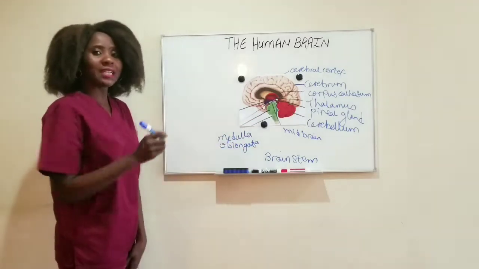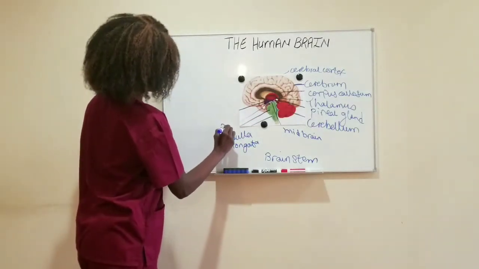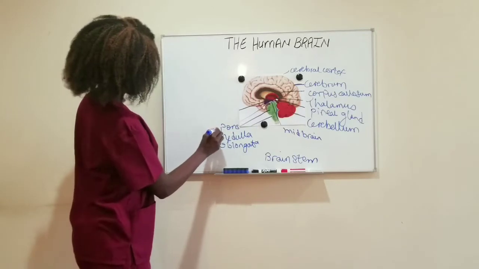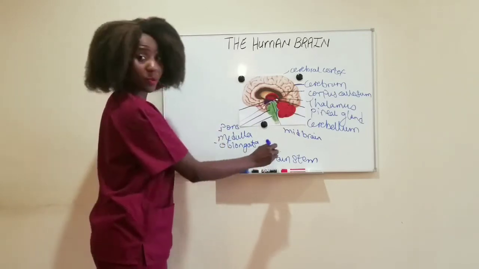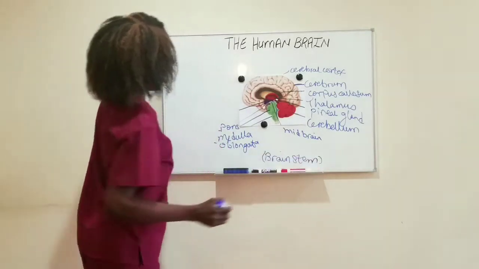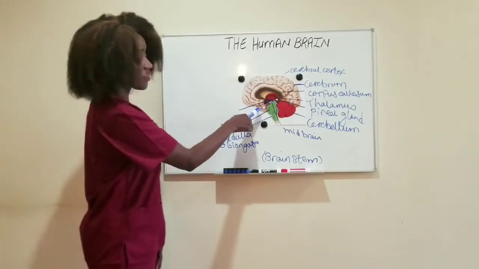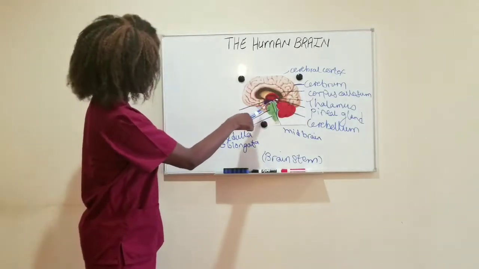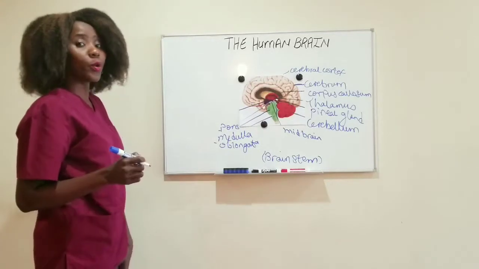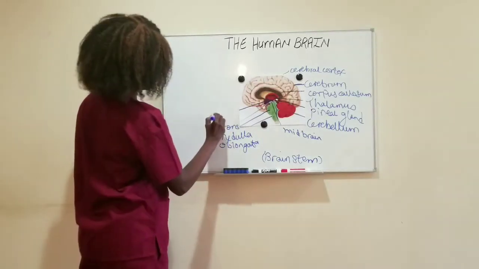And the middle portion is the pons. I'll just put the brainstem in parentheses. Okay, and above the pons, there's this little area in white, and that's going to be our pituitary gland.